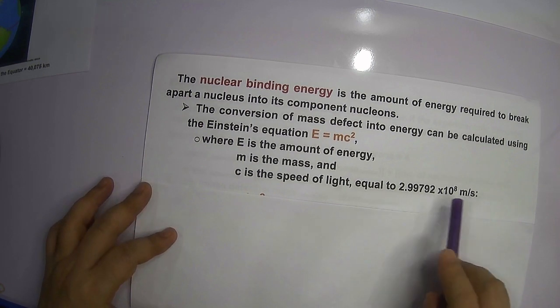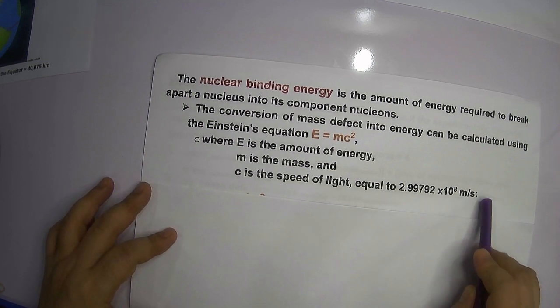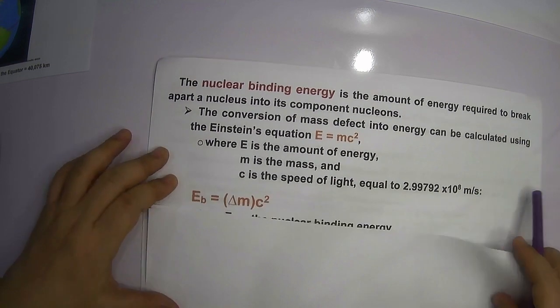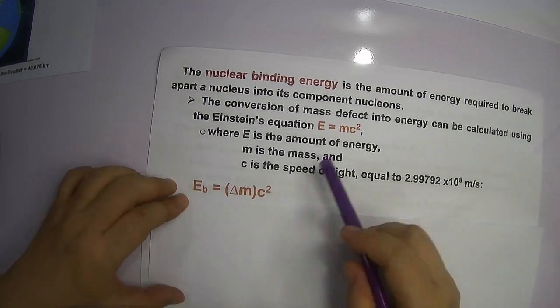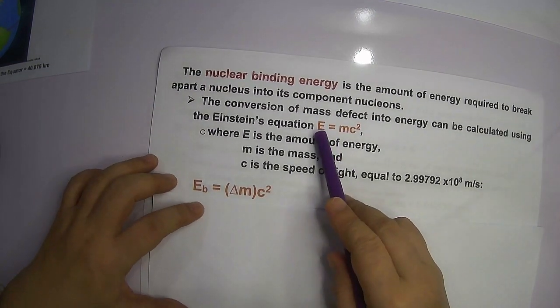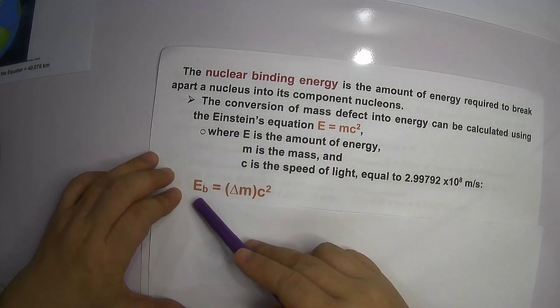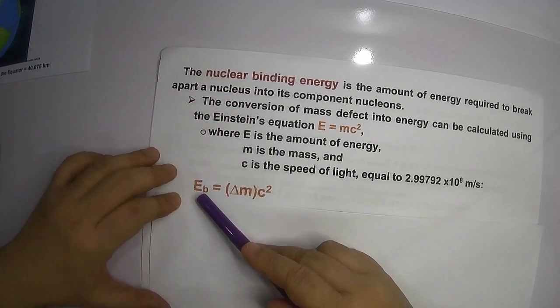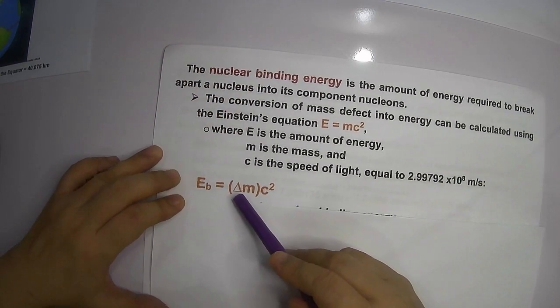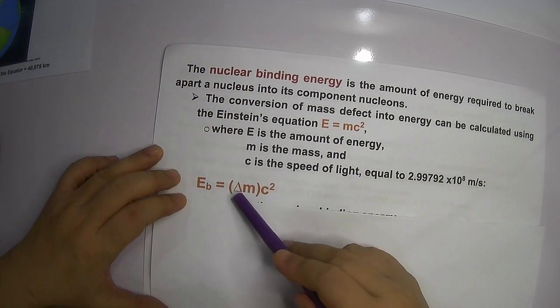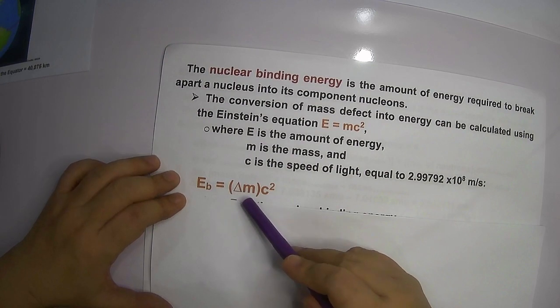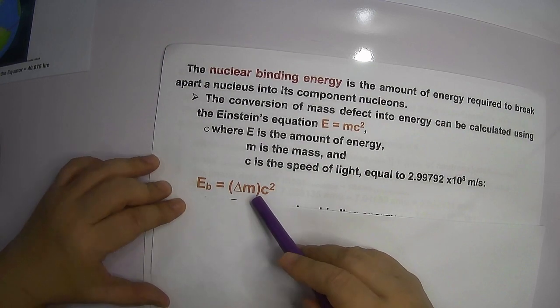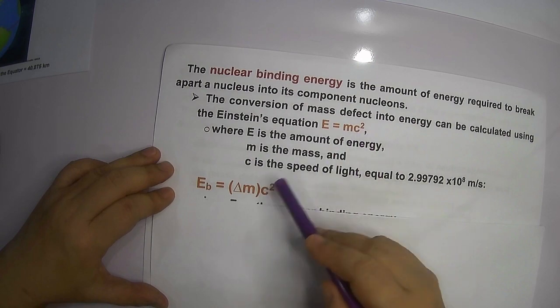Sometimes this is rounded off to 3 times 10 to the 8 meters per second. So we can replace the E for Einstein by E sub B, the nuclear binding energy, and the mass by the mass defect, the change in mass, and we have c squared.